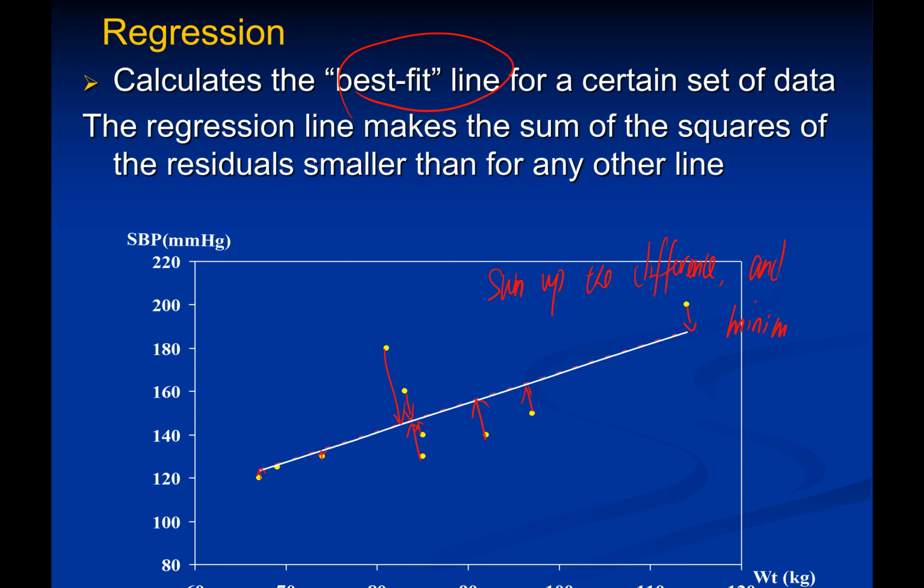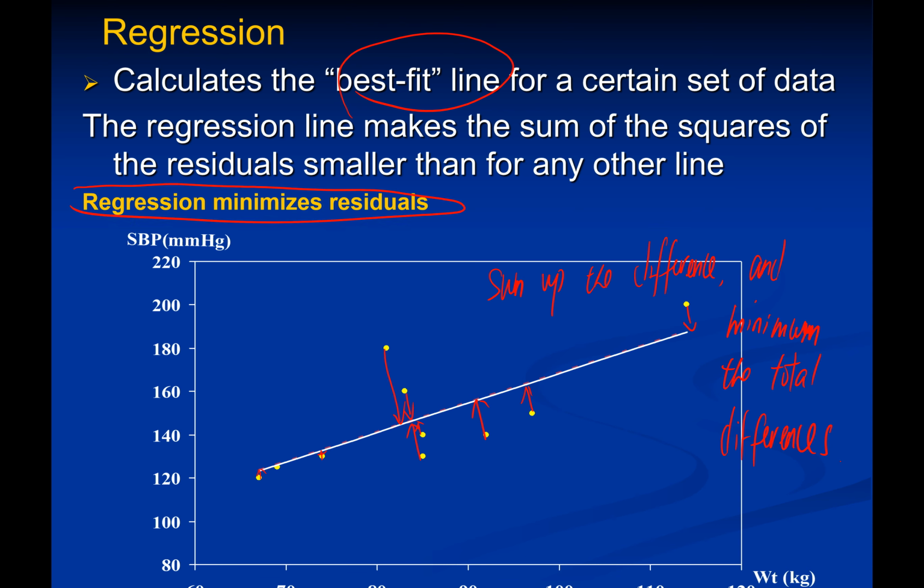Then that's how we come up with the best fitting line. So regression minimizes residuals. The distance between each point and the best fitting line is called residuals.